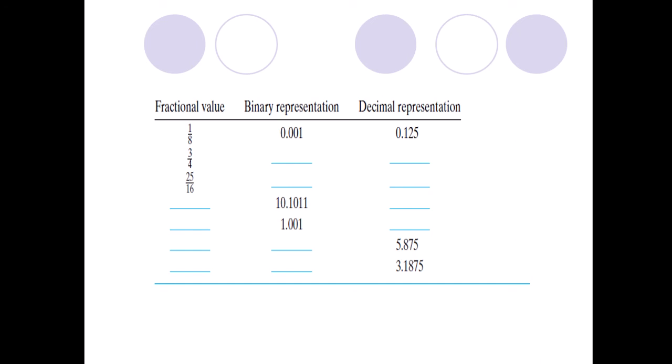You need to divide it by 2, and for 0.875 you need to multiply this factor with 2. You can easily find out the binary representation. And if you have your binary representation, then you can easily find out the fractional value.